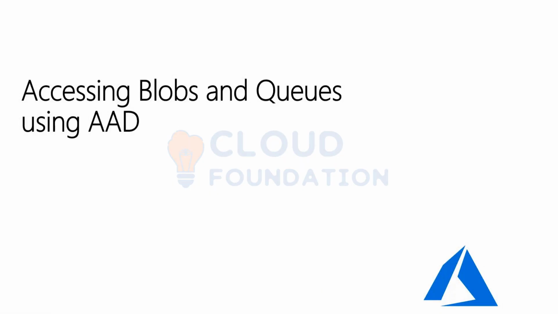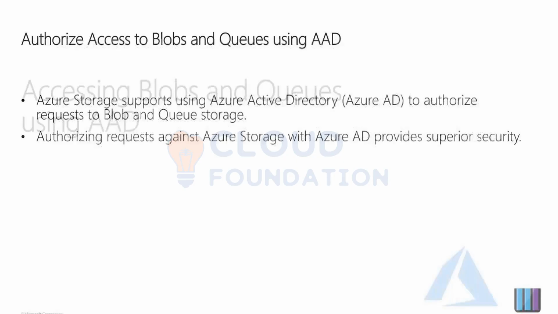If you look at your blobs, if you recall, while you are uploading the blobs, it said you can specify accessibility of these contents by using Azure Active Directory. That is one of the options that we have over here. Now, what is the purpose of using Azure Active Directory?